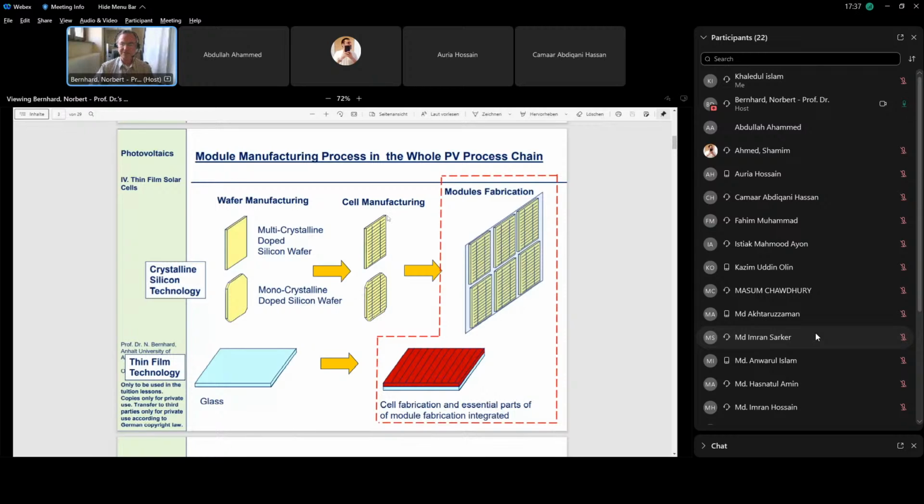Whereas in crystalline silicon technology, we get here the cells, and then we have to assemble the module from the cells. And typically, here in crystalline silicon technology, a module manufacturer does not manufacture the cells at the same time. That means typically a module manufacturer purchases the cells from another company which makes the cells and then makes the modules out of it.